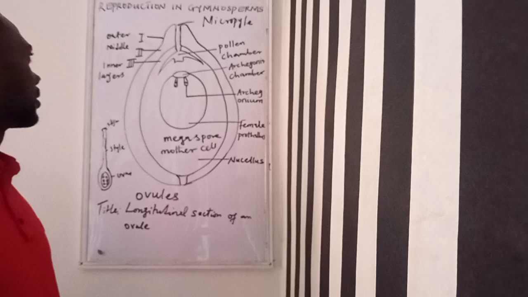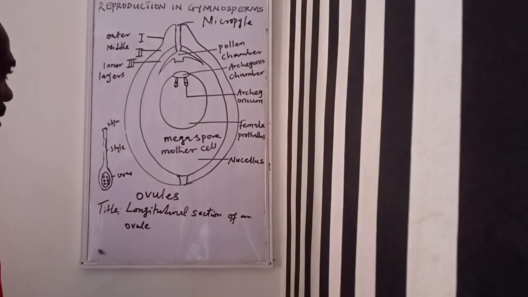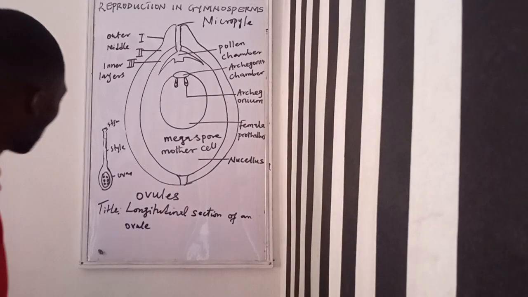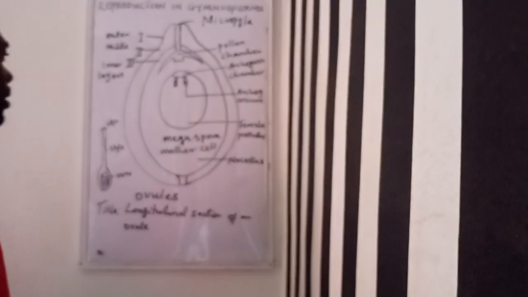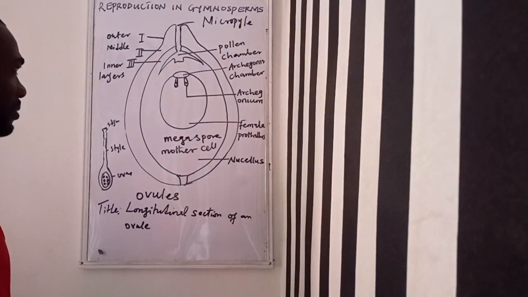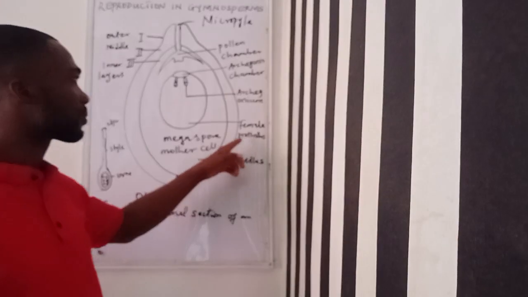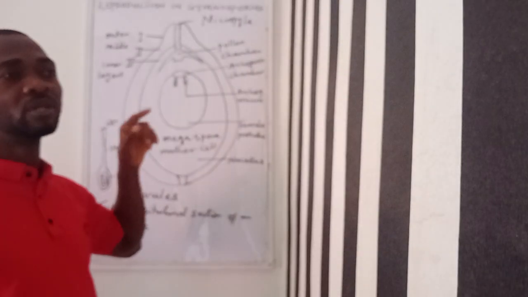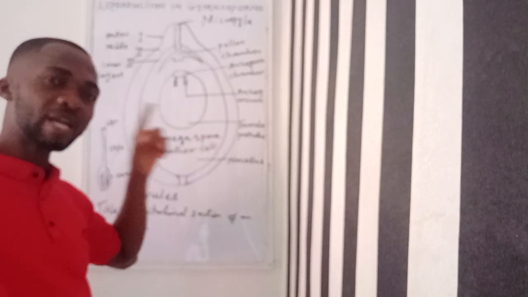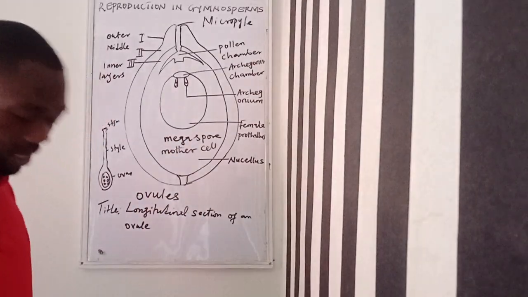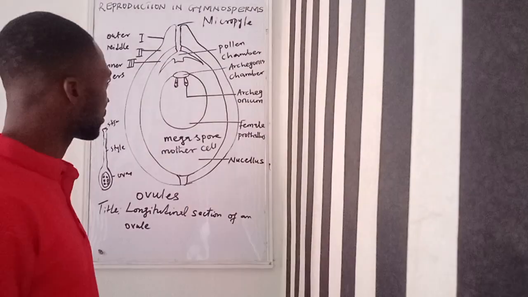Okay, so this is how the female prothallus is formed. The female prothallus is also called the female gametophyte, or megagametophyte.